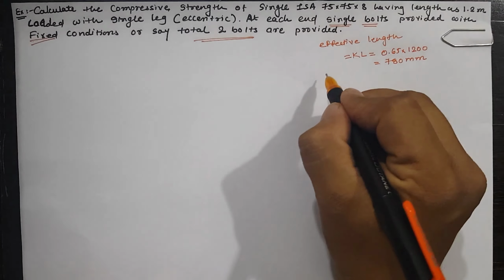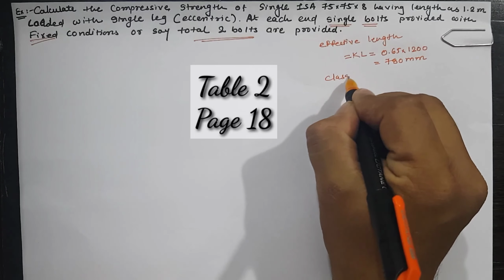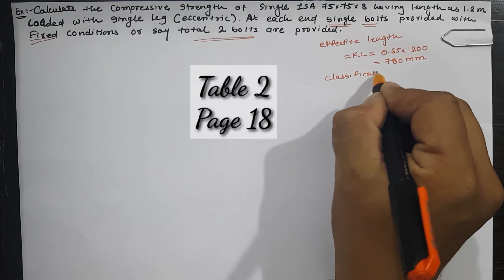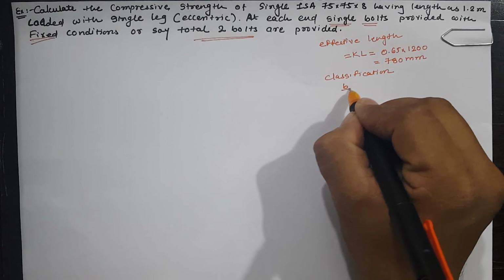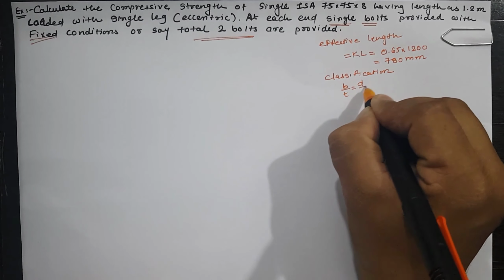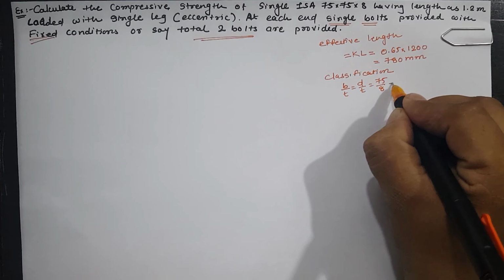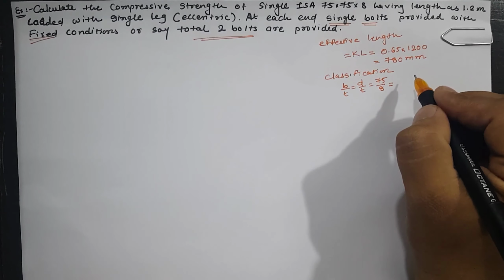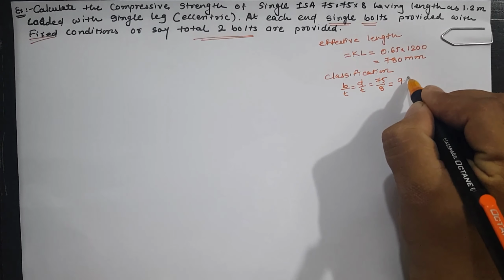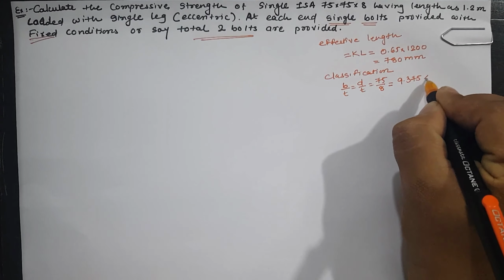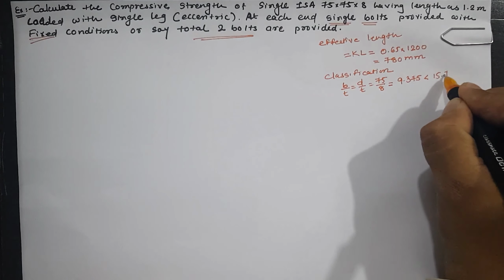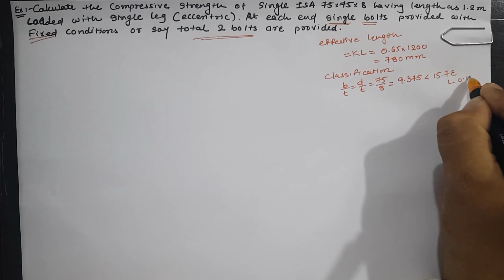Now the second step is classification of the section for the effective area. B by T and D by T are both equal, according to the section 75 by 8, to 9.375, which is less than 15.7 epsilon. It means it is okay.